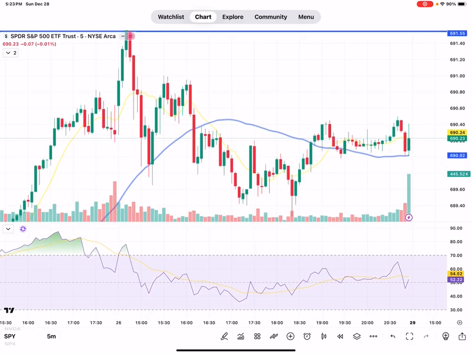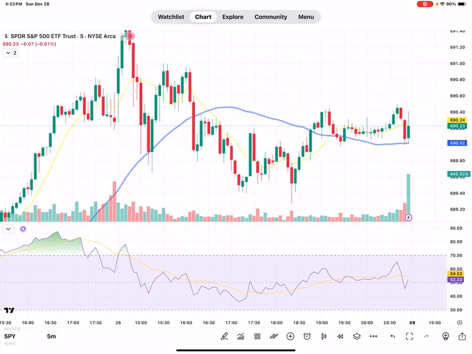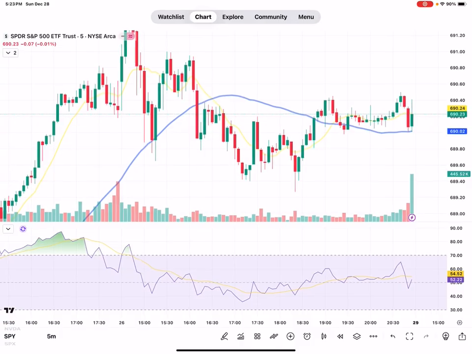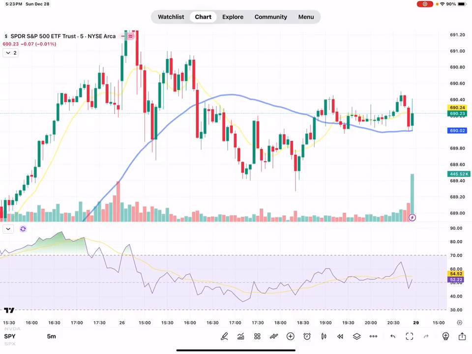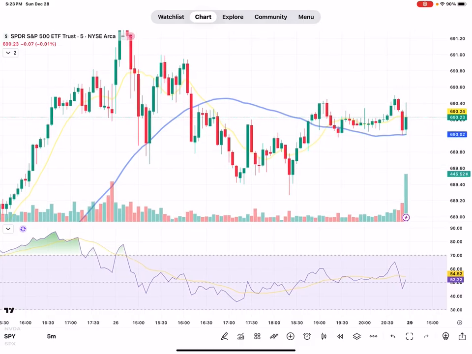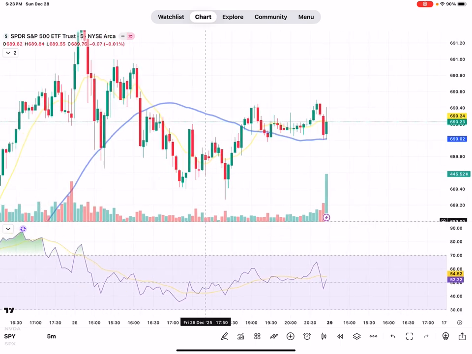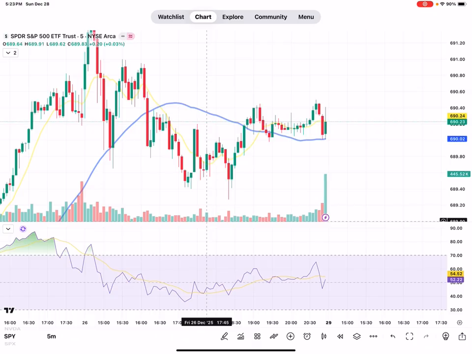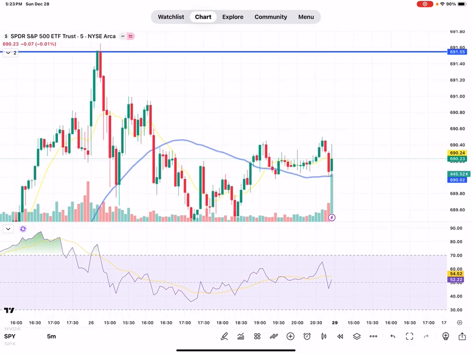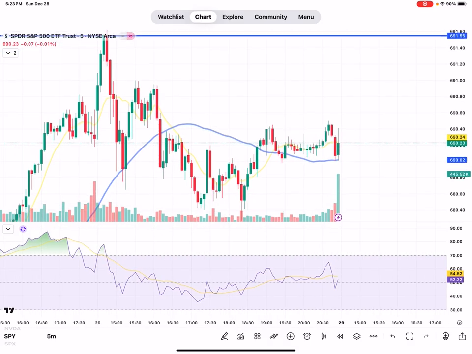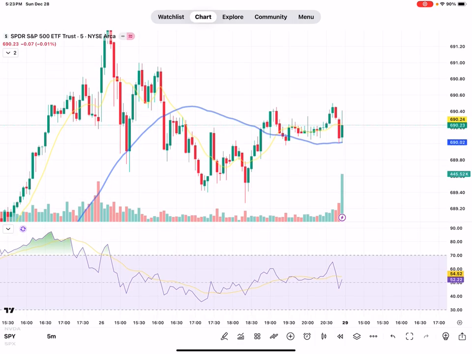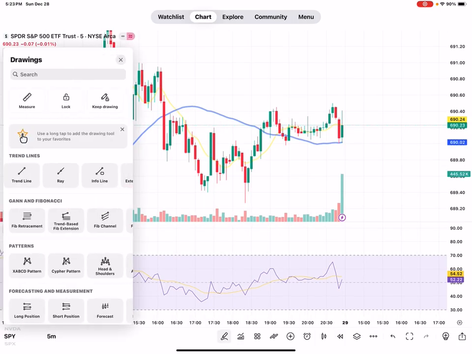And then if I look at the 26th, where was the lowest part that they agreed to disagree? So we're looking at just the 26th. If we look at this, I bring up my horizontal line again.